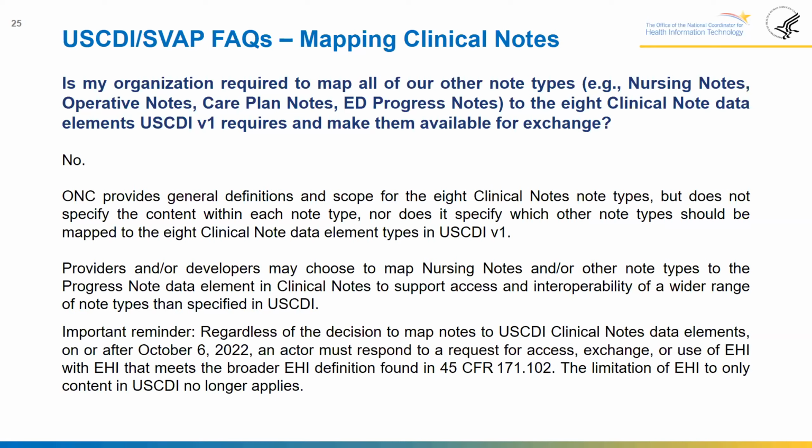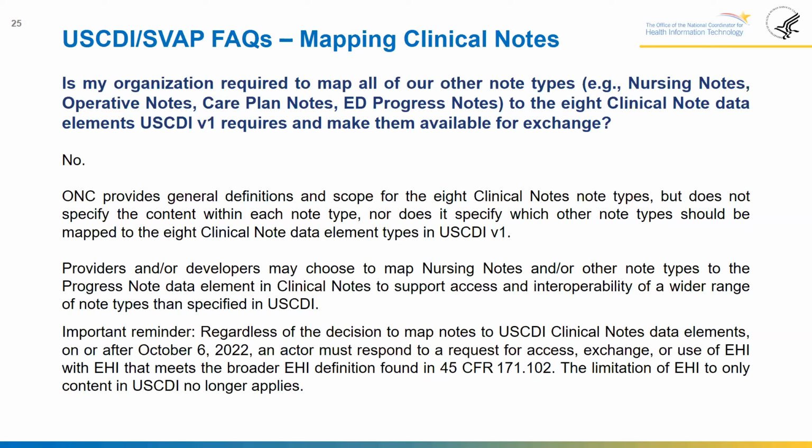It doesn't say that every note ever recorded has to be designated as that particular note type. So mapping of these note types to the progress note data element or other data elements in clinical notes, and then exchanging them in a response for a progress note would achieve the goal of improving patient access and data exchange.